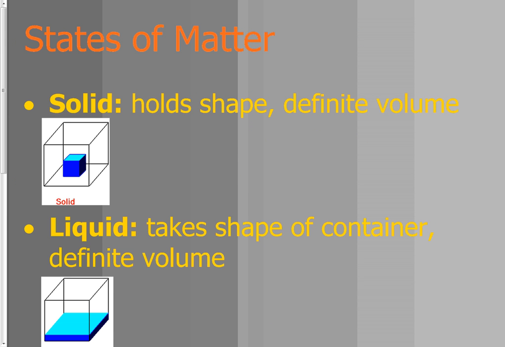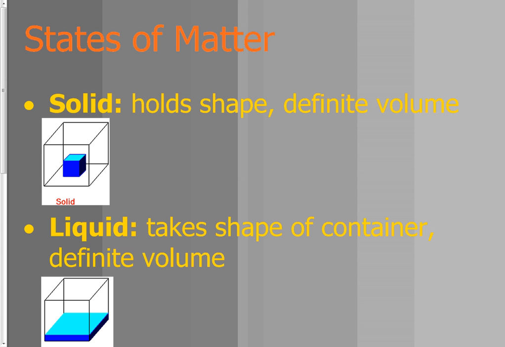Now moving on to the states of matter, matter exists in 4 states, but in our chemistry class, we're going to focus on only 3 of those 4. The first 3 are the most common states, and you've, I'm sure, heard of these in other of your classes. Solids hold their shape and have a definite volume.